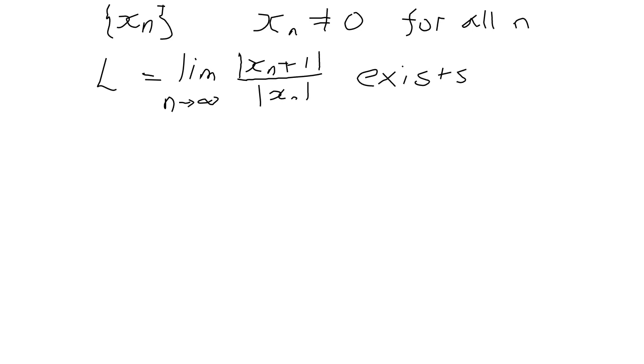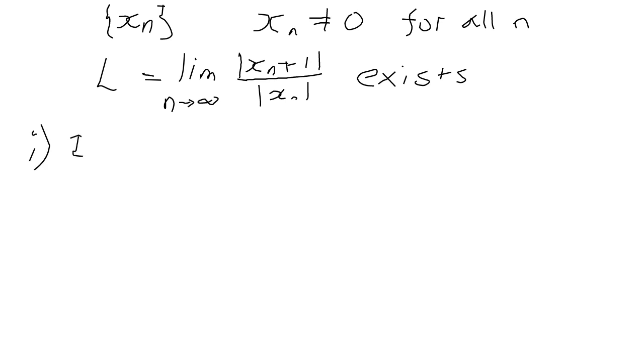So the test that we're going to talk about now depends on that limit. So you see why x sub n could not be equal to 0, because we're going to be dividing by it. So I have to let it be a sequence such that that limit right there exists. Number one. So here's what the ratio test says.